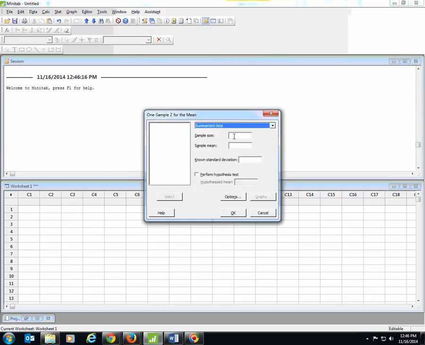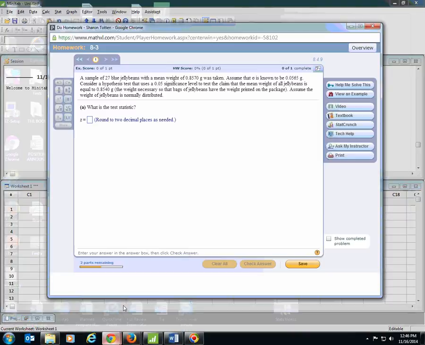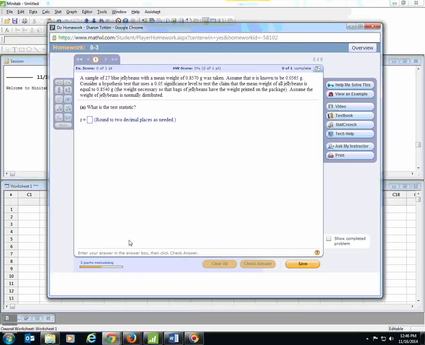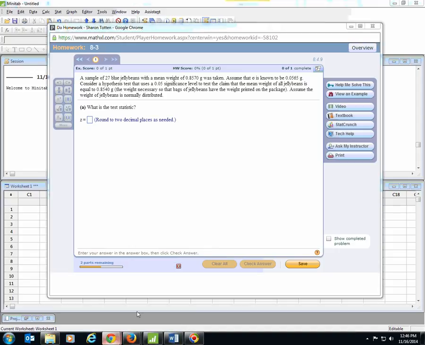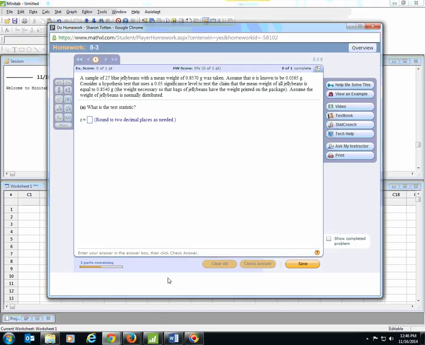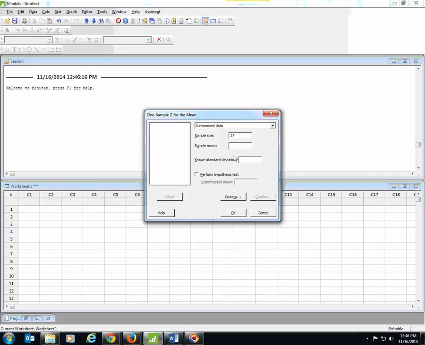We know the data. Our sample size here is going to be 27 blue jelly beans. We have a sample mean of 0.8570.